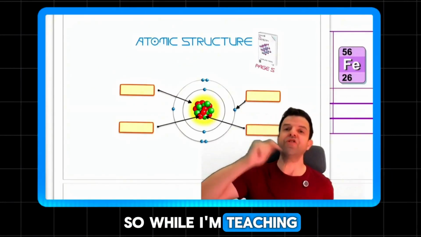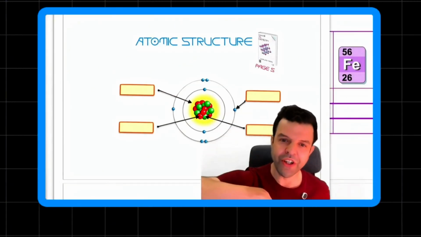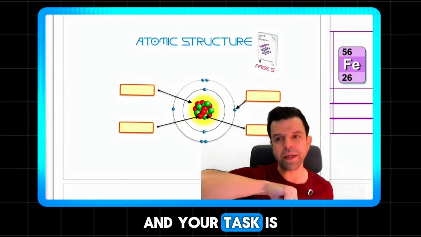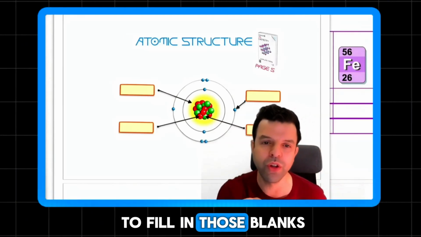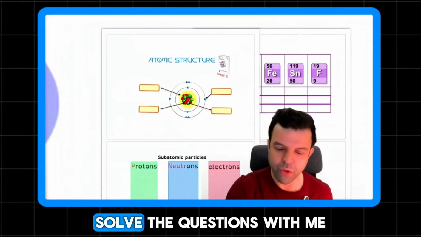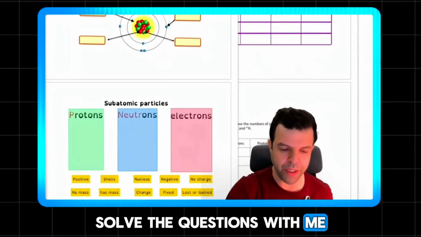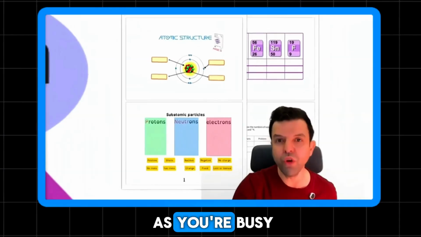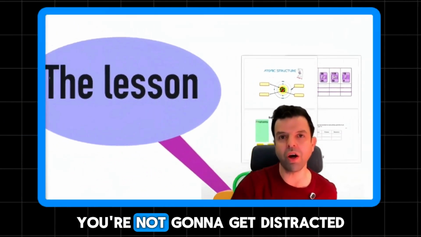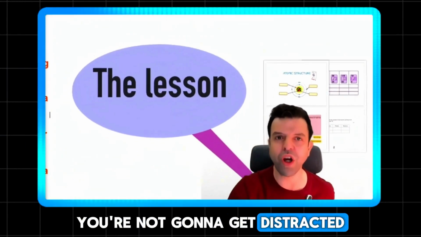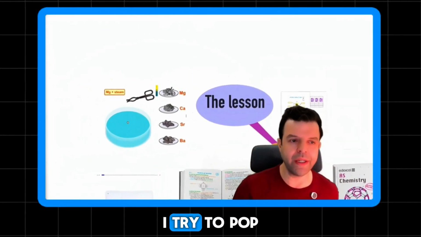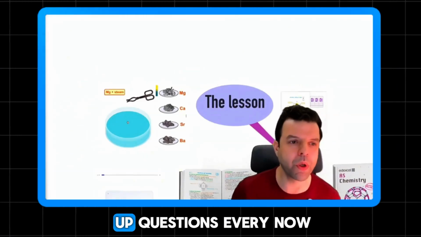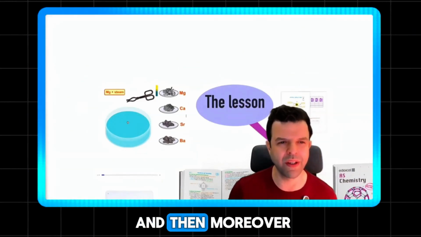So while I'm teaching, I go by that order, and your task is to fill in those blanks, solve the questions with me. This way, as long as you're busy, you're not going to get distracted. I try to pop up questions every now and then.